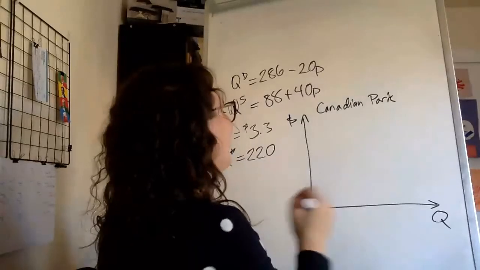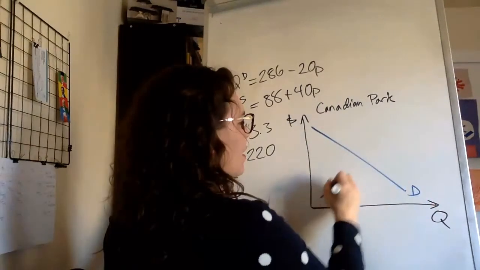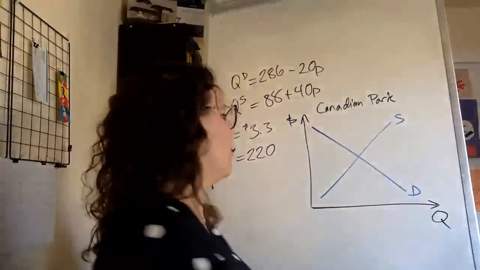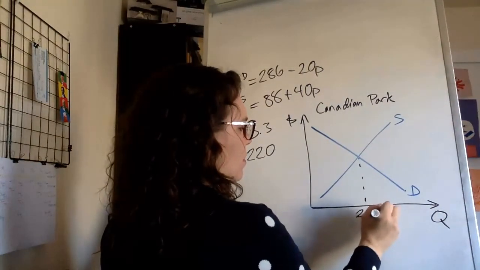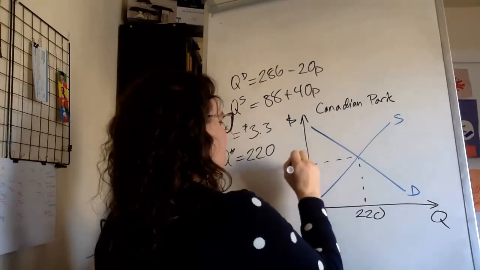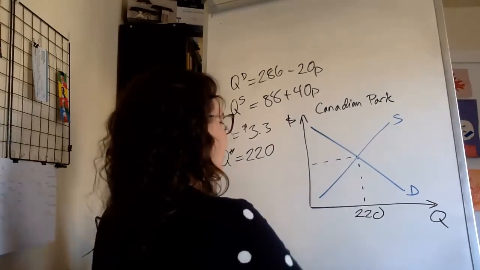All right, so I'm just going to give us kind of a stylized demand and supply curve. And then we have our equilibrium quantity and our equilibrium price. And if we wanted to be really precise, I actually did it for fun.